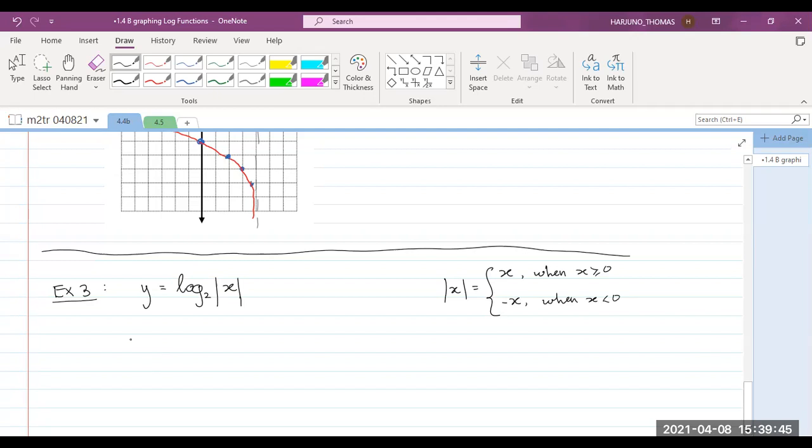Now, then we will modify this function, y equals log base 2 of absolute x, which now becomes a piecewise defined function: log base 2 of x when x is greater than or equal to 0, and log base 2 of negative x when x is negative.